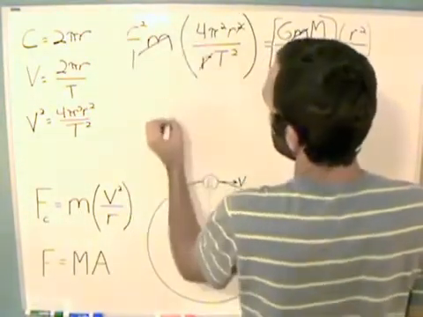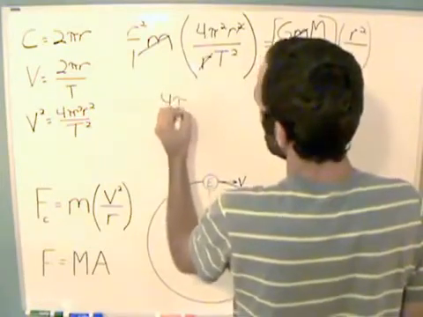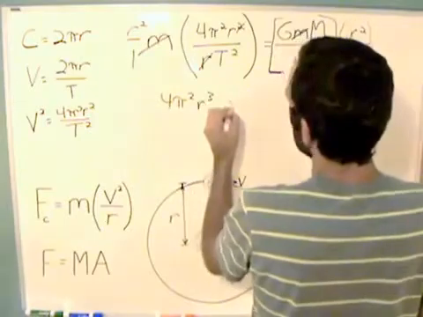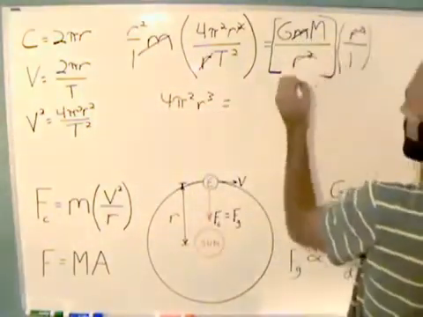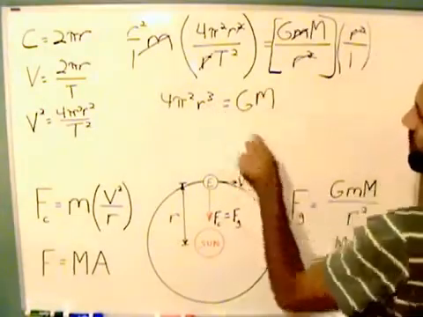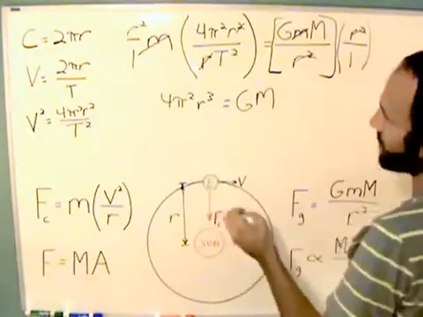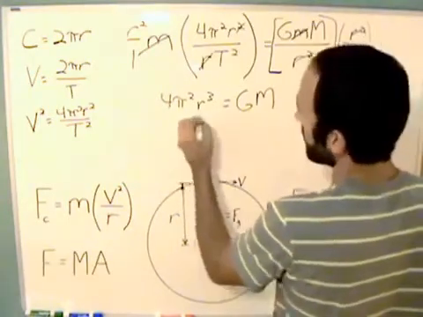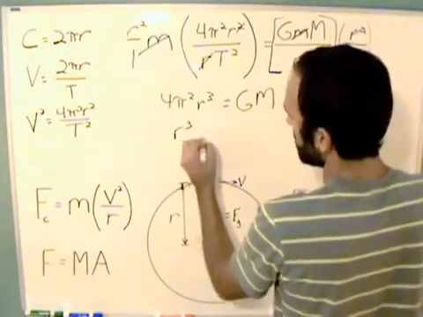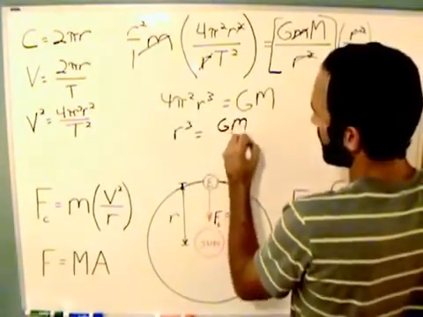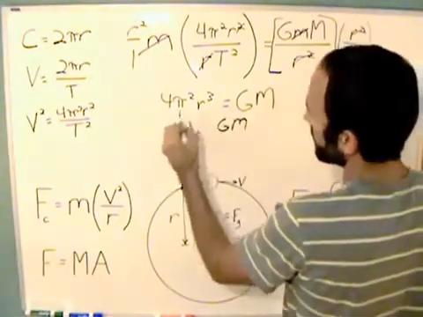And that gives us 4 pi squared r cubed equals, and it cancels on this side, G times big M. And then we want to get r by itself over here, so we just divide by 4 pi squared. I'm not going to actually show the steps, but we'll just say r cubed equals GM, nope, I missed T cubed. And I might just write this out.